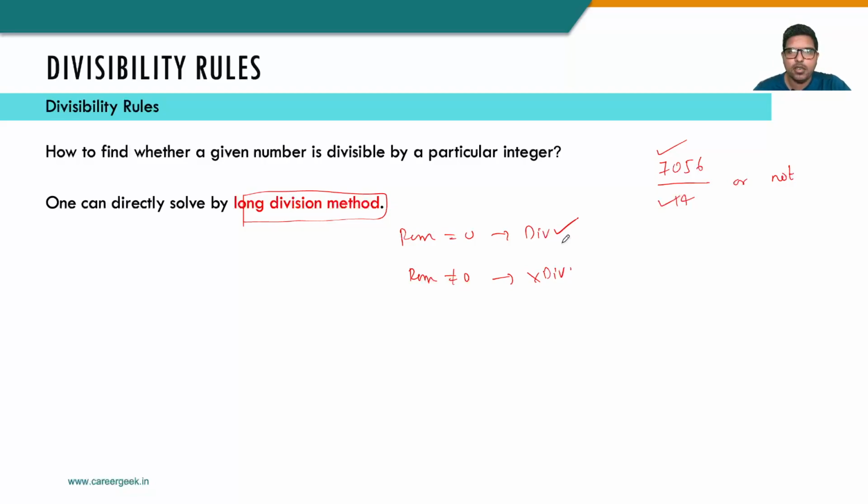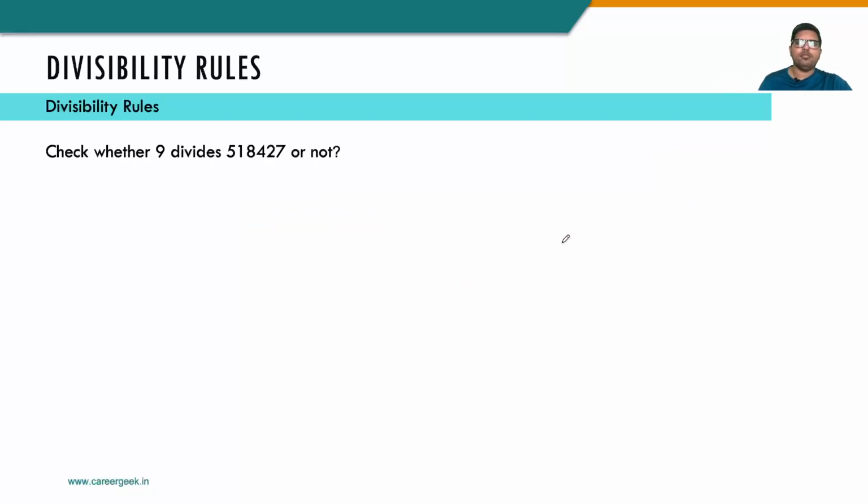But let's say you have to solve something like this, check whether 9 divides this number. I would like you guys to pause the video and see how much time it will take, right? So 51, 9 5s are 45, left with 6, 68, 9 7s are 63, 5 remains, then 4 comes, then 4 is directly, 6 is there, right?